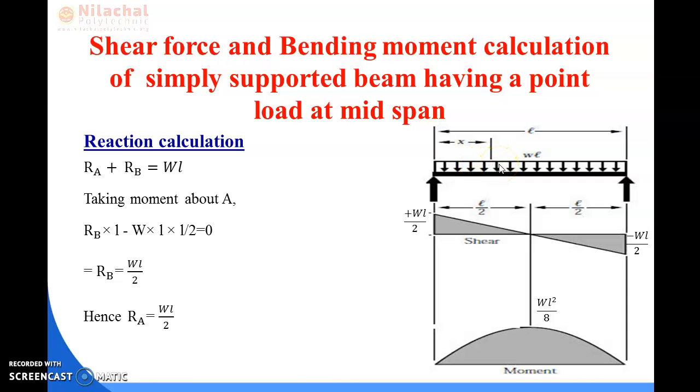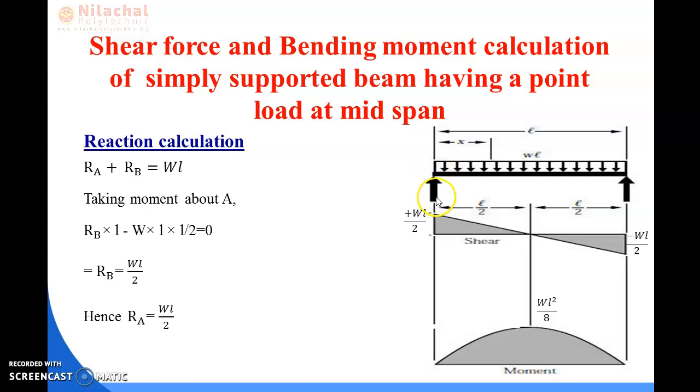To calculate the bending moment at point C, we need to know two things. One is load and second is your distance. First of all, we will calculate the bending moment for this reaction value. This is the reaction at A, which is RA.